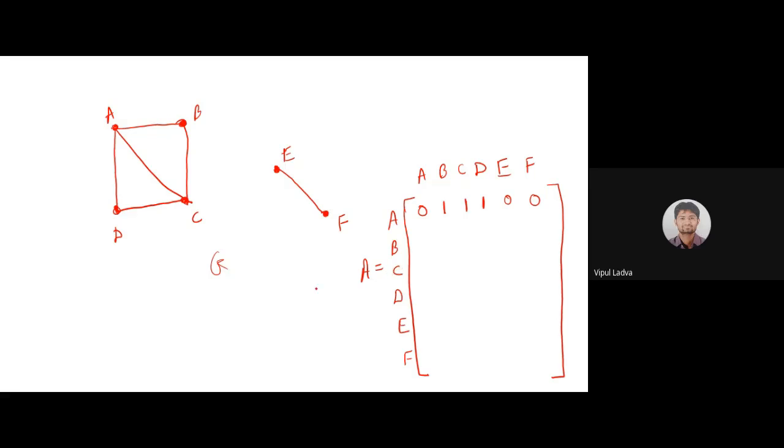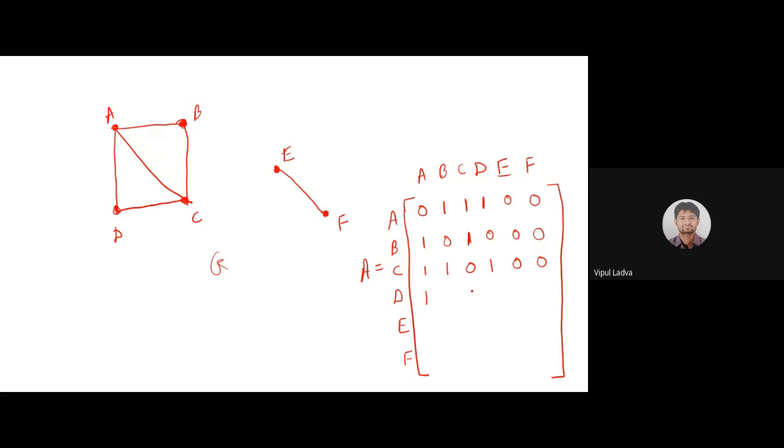Similarly, let's go for vertex B. B is connected with A and C only, and the rest of the entries will be 0. Observe this. Similarly, for C, C has connection with A, B, as well as D, and the rest of the entries will be 0. And let's move to D. D is connected with A as well as C.